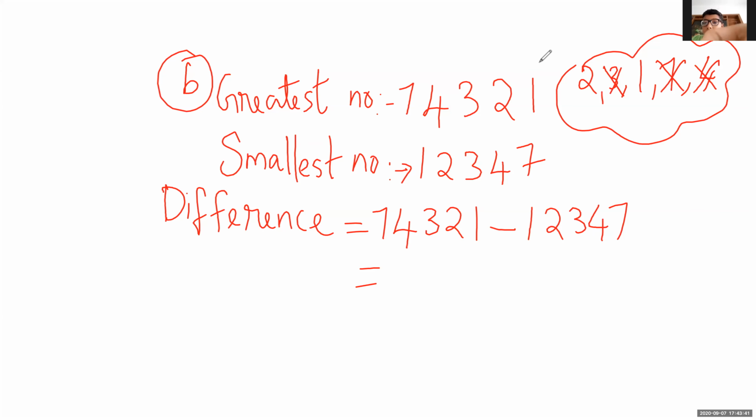Can you give me the answer? Ma'am, can you repeat the question? Felix, okay, look at the board. Friends, find out the difference. 74,321 minus 12,347. Did you find out the answer? Have you completed this answer?